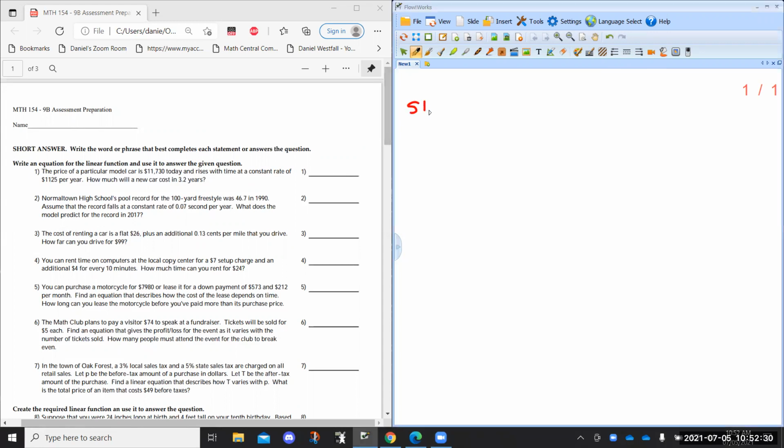My slope, which is going to be my rate of change, is going to be the change in y, or, I'm not going to use the letter y here. I'm going to use the term that we've already talked about.